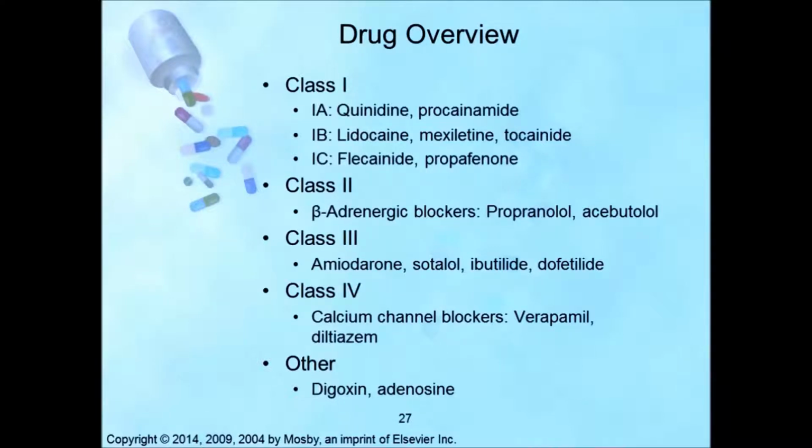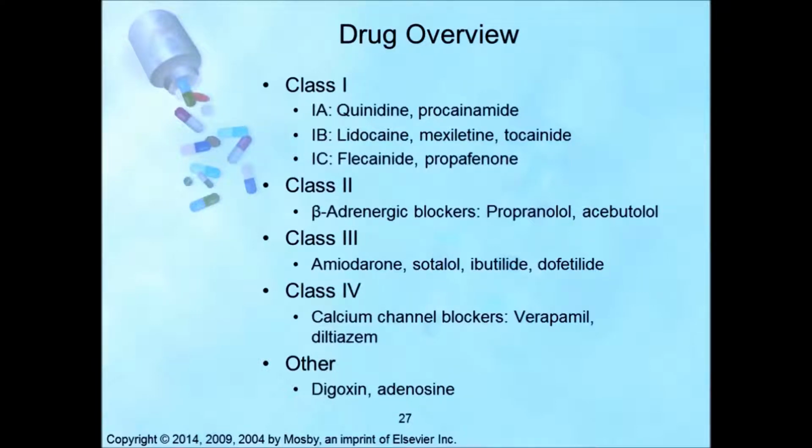There's some indication they prolong QT intervals. Sotalol exhibits beta blocking activity. Ibutilide is available only as an IV formulation and is used for rapid termination of atrial fibrillation and flutter. Most of these other drugs are used in hospitalized patients that are closely monitored.